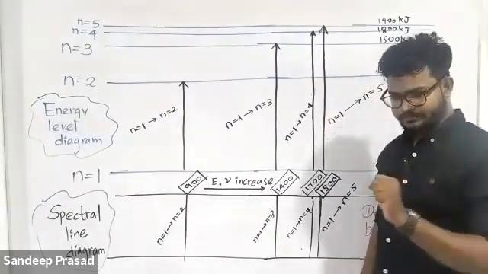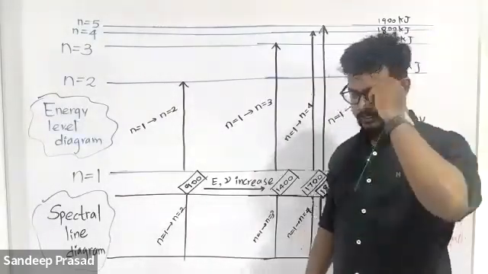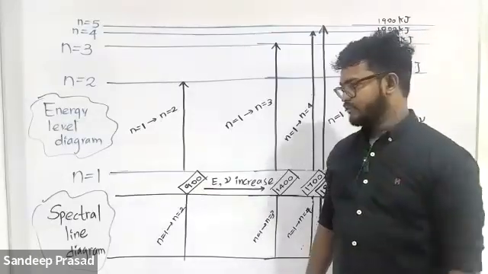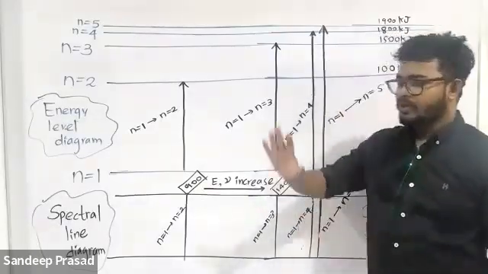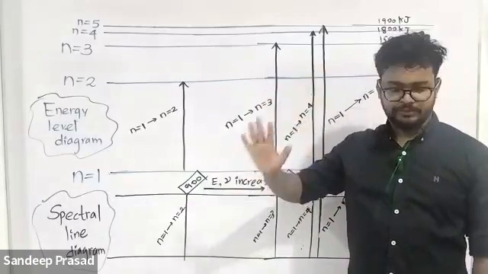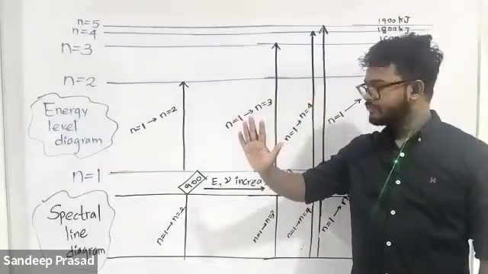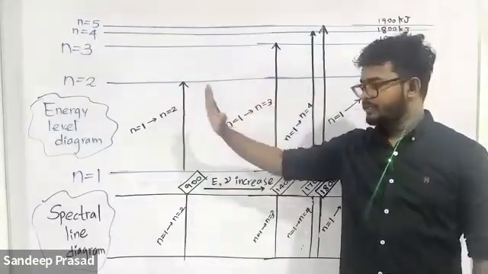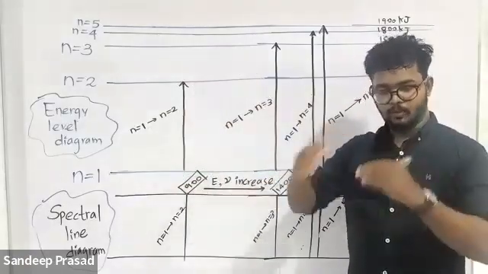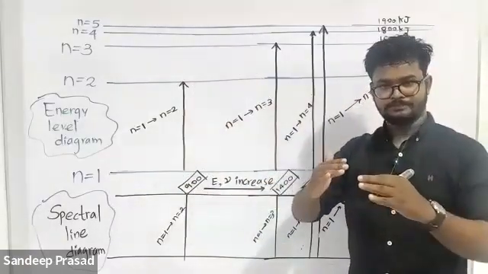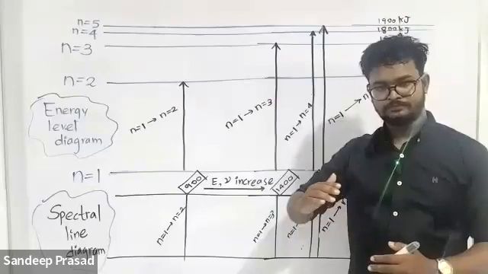First homework. Other than homework here, you have to draw the atomic absorption spectrum, energy level diagram, and the spectral line diagram, both together in a page, right?